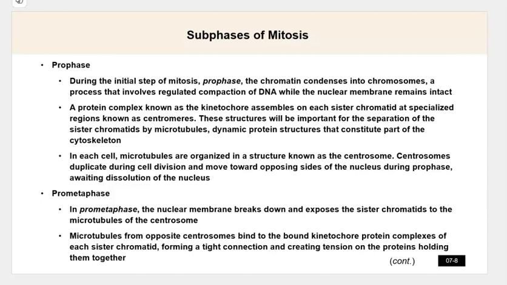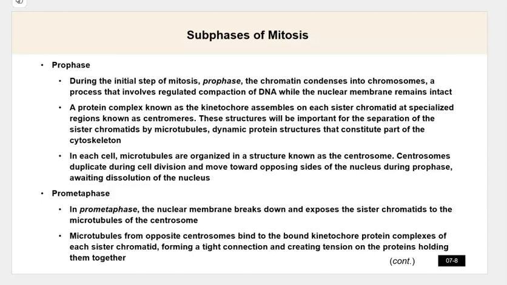There are subphases of mitosis that are outlined for you in box 7.1, and these are very distinct phases as they're listed here on your screen. The important point is that in prophase, this is when the chromatin condenses into chromosomes, and in each cell the microtubules are organized in the structure known as the centrosome.